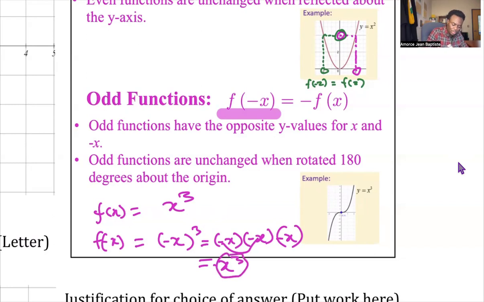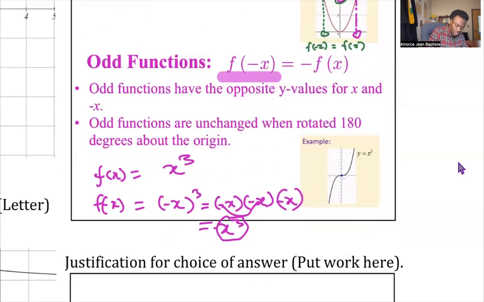That was f of x: x cubed was f of x. So I just found that f of negative x is negative f of x, because this is just f of x, and that negative sign makes it negative f of x.